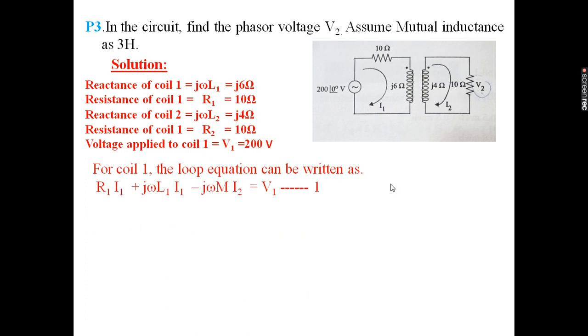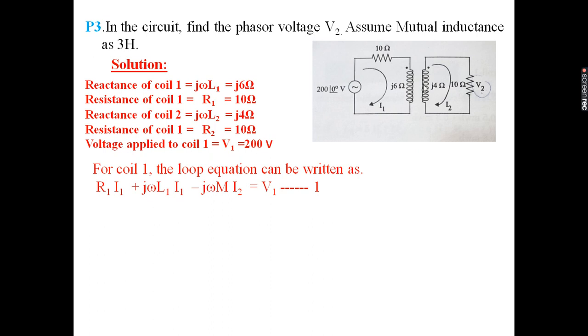Okay, so in coil 1, if you take this coil 1 and make it as loop 1, and we write the Kirchhoff's voltage law equation, the loop equation, we can find that there will be a drop here. So R1 I1 plus j omega L1 into I1, and some mutually induced EMF will be there because of this coil.